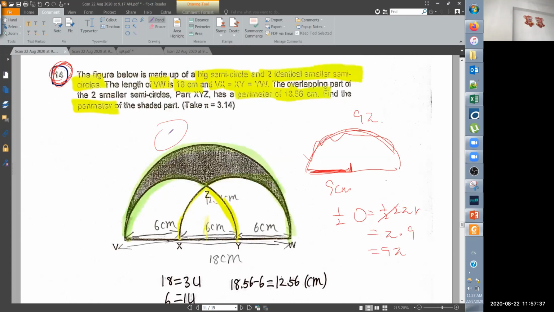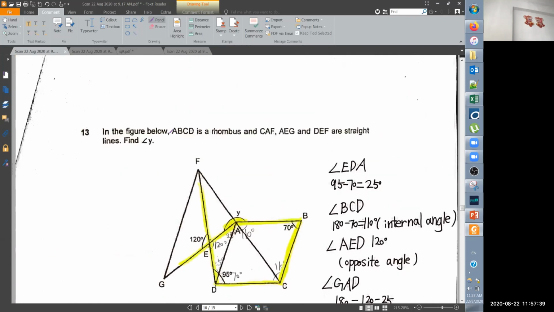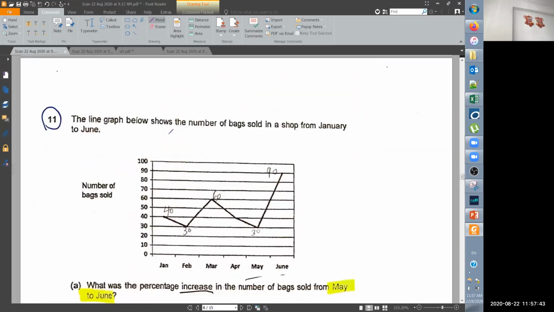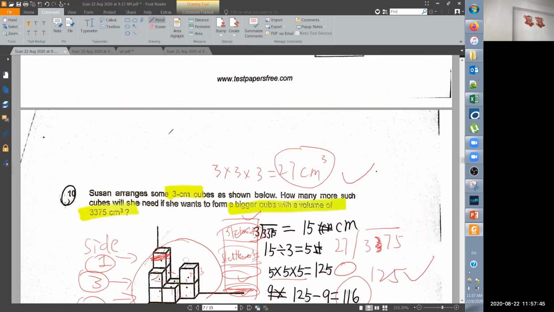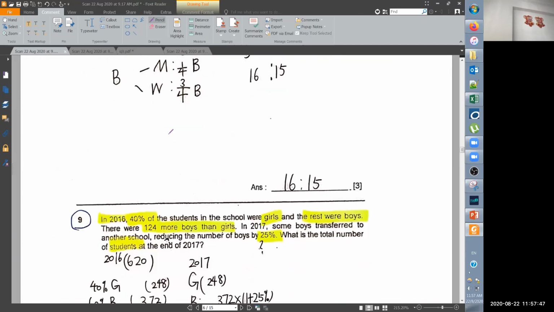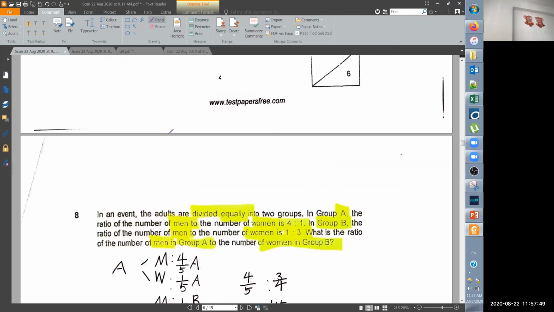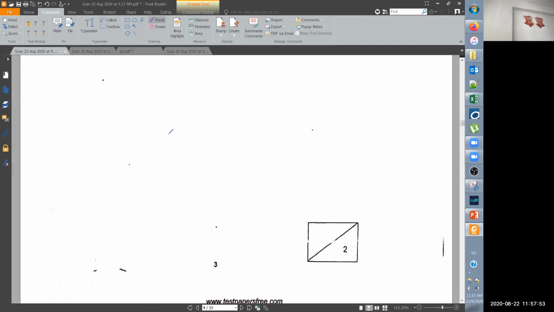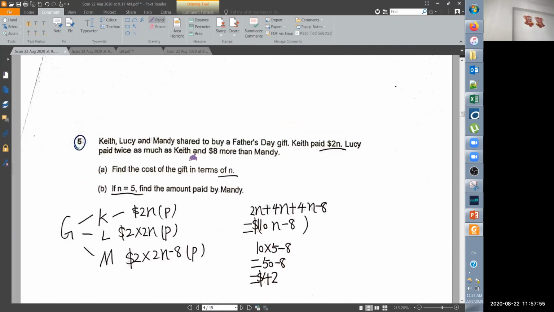And 还有一题就是你答非所问。这有一题他问的是在哪里啊？So basically, the question asking for paid by Mandy, but you give total. They are not asking for total.